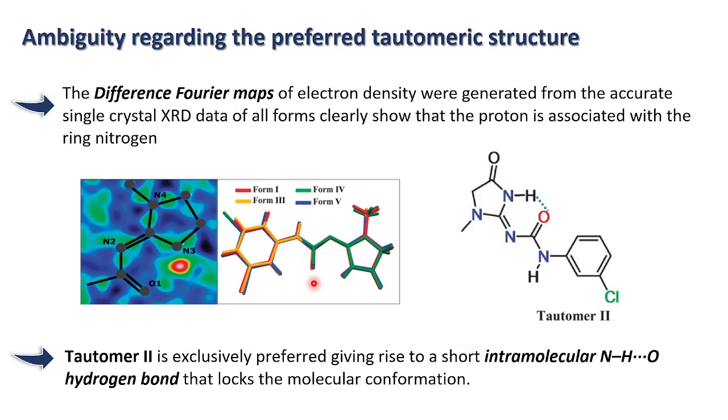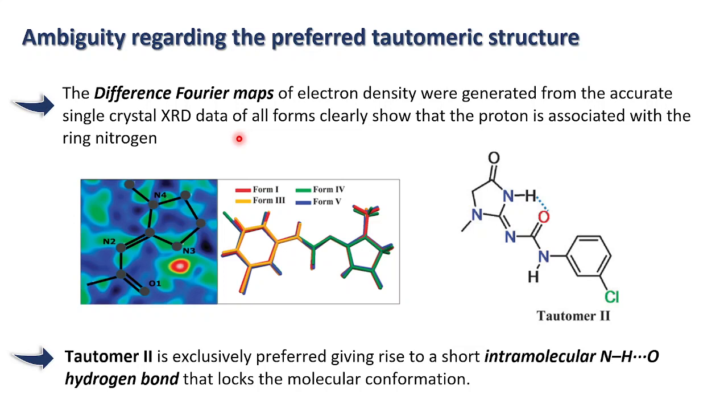For solving the ambiguity regarding the preferred tautomeric structure, we have taken a difference Fourier map. We have taken the difference Fourier map of both the tautomers, tautomer 1 and tautomer 2. The difference Fourier maps of electron density were generated from the accurate single crystal XRD data of all forms.